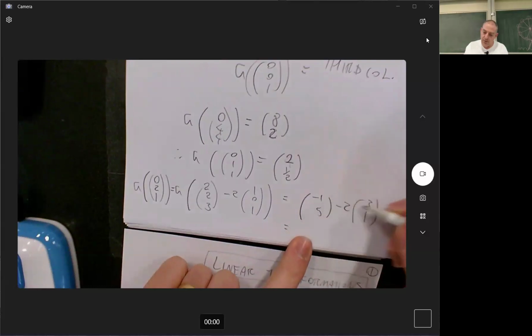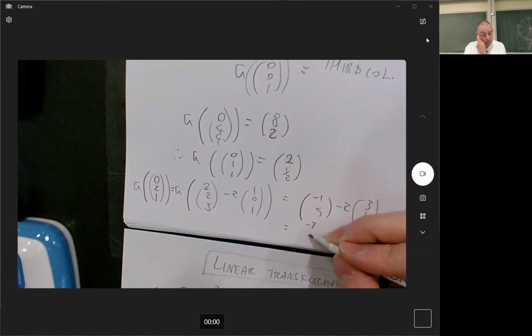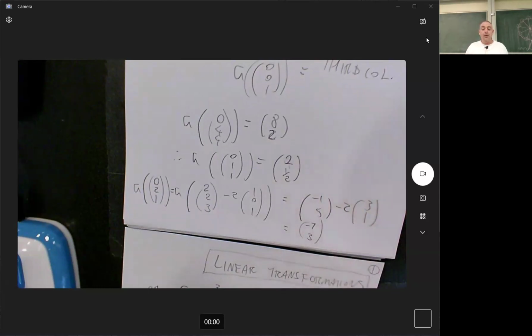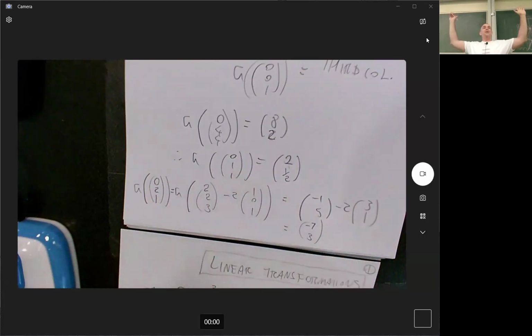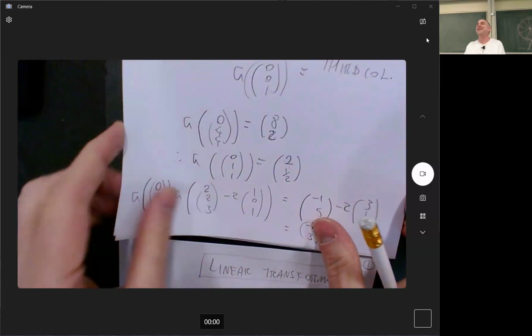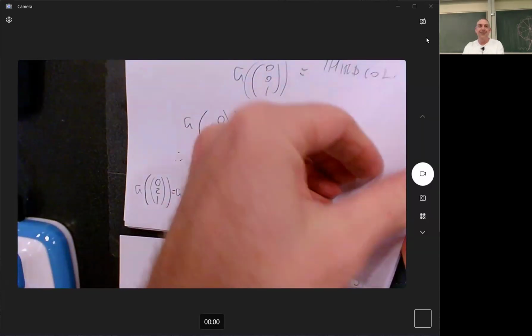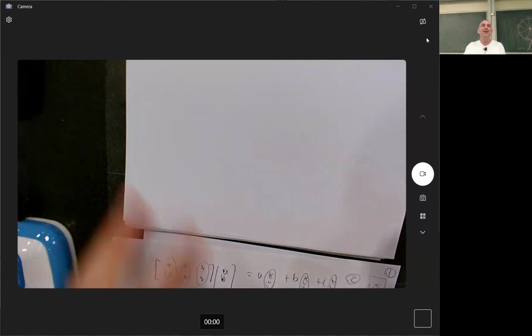And so 1 minus 2 lots of 3 is minus 7. 5 minus 2 lots of 1 is 3. And now if I do this minus this, I will get 0, 1, 0. And so I have the middle column of my matrix. So this is the sort of thing one could do if you wanted to fiddle around with it in that way.